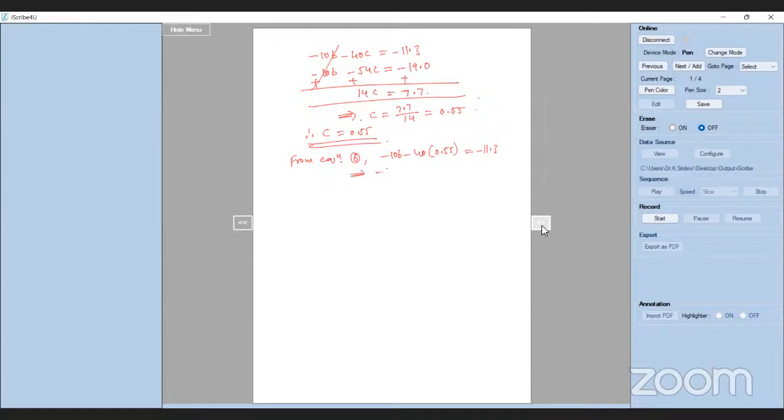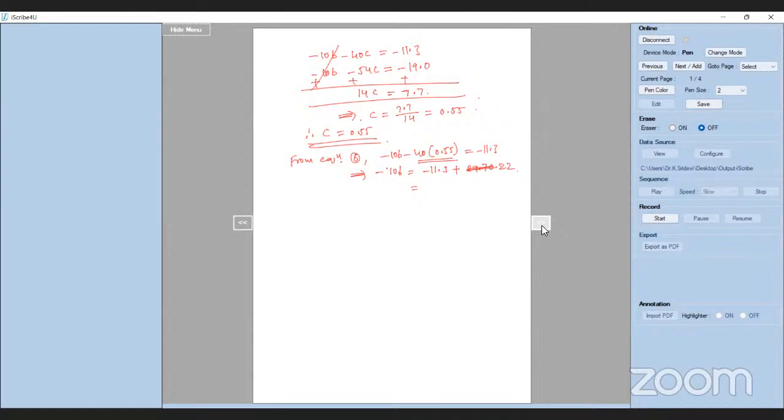So minus 10B is equal to minus 11.3 plus 40 into 0.55. 0.55 into 40 is 22.